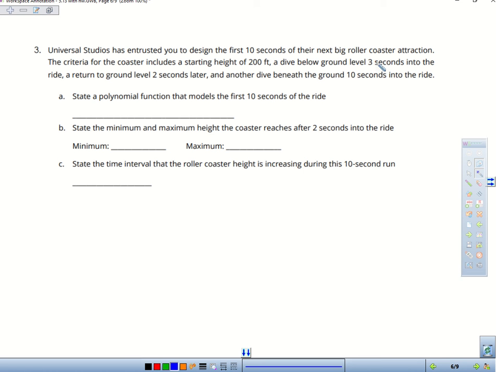The criteria for the coaster includes a starting height of 200 feet, a dive below the ground level 3 seconds into the ride, and a return to the ground level 2 seconds later, and another dive beneath the ground 10 seconds into the ride. State the polynomial function that models the first 10 seconds of the ride. Here it is.